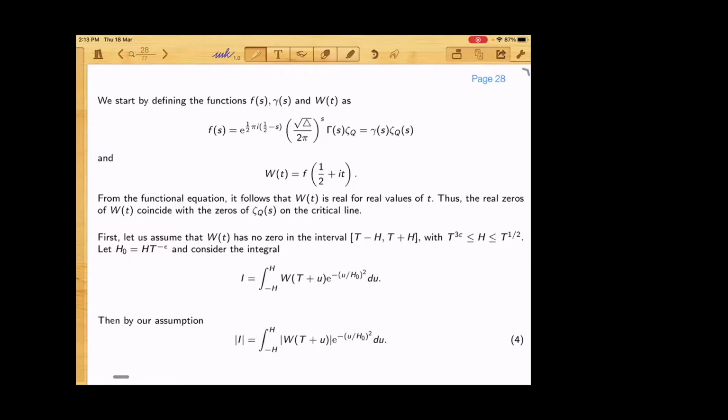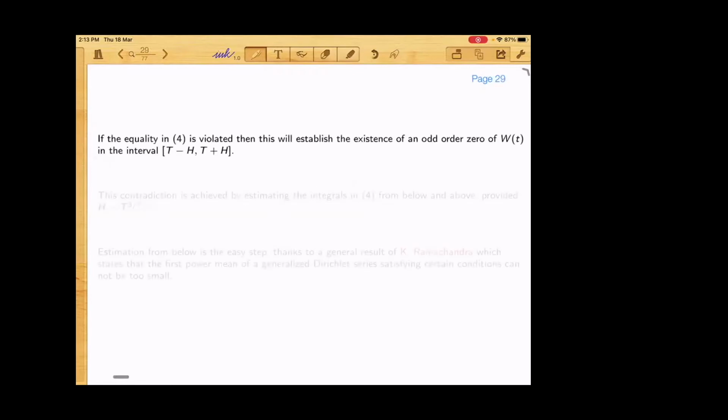And if this equality is violated, then there is some t in the interval t minus h to t plus h for which the zeta function vanishes. That means there is an odd order zero. So this was the idea of Hardy and Littlewood.